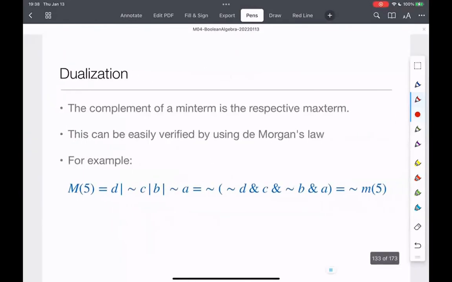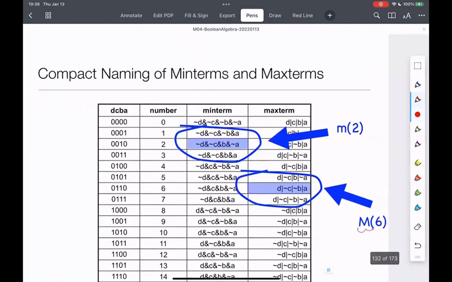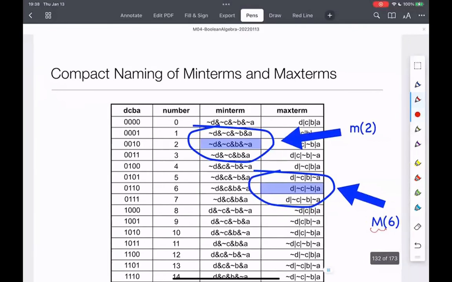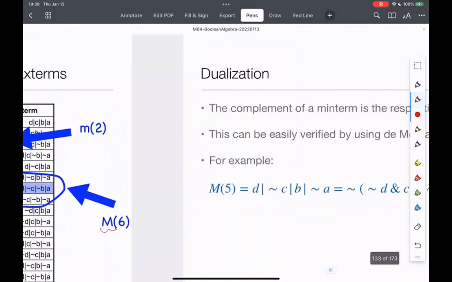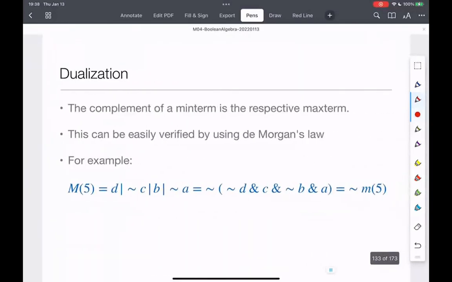Okay, so now what happens? I can give all of these names, and now we can exploit the dual property out here. If you apply it, it basically says the complement of a minterm is the corresponding max term.